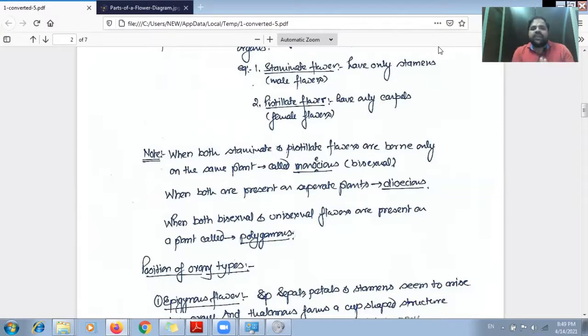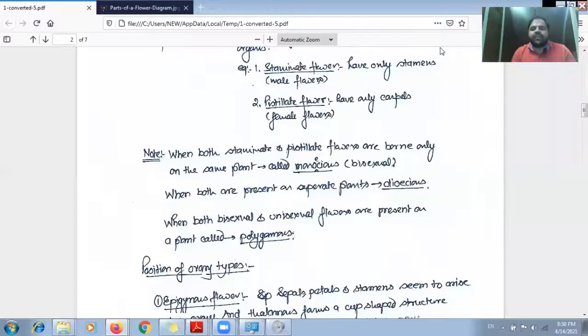Means they will have androecium and gynoecium both, either on the same flower or in two different flowers. So when both staminate and pistillate flowers are borne on the same plant, or if they have the complete flower, then the plant will be called as monoecious or bisexual plant.